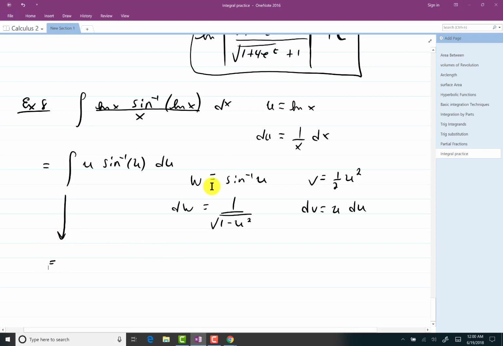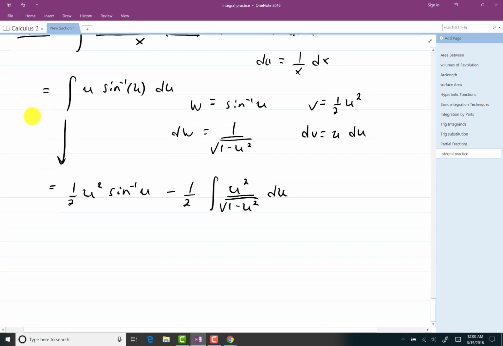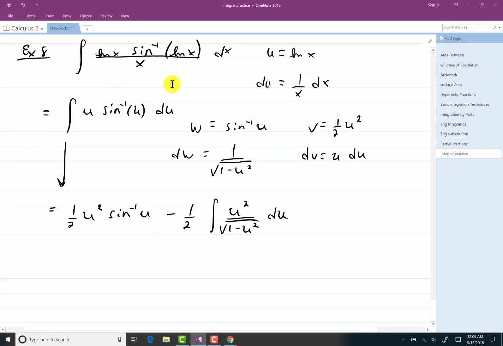The first thing I'm going to do is take my wv, and I have 1/2 u squared arc sine of u, and then minus the integral of v dw. All right, while I complete things, let me go ahead and fill in the x's on the parts that I have finished.